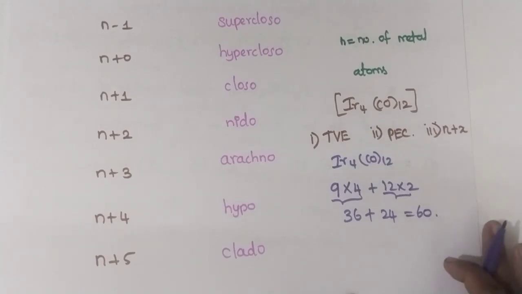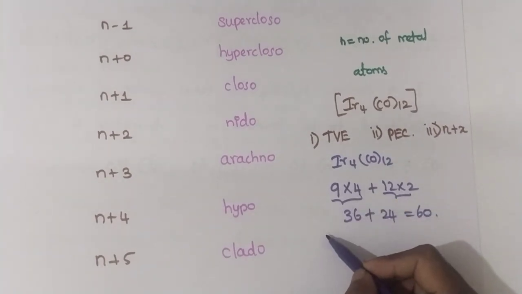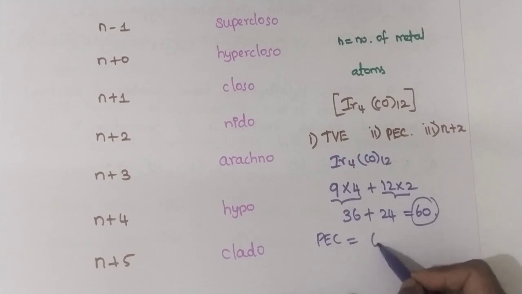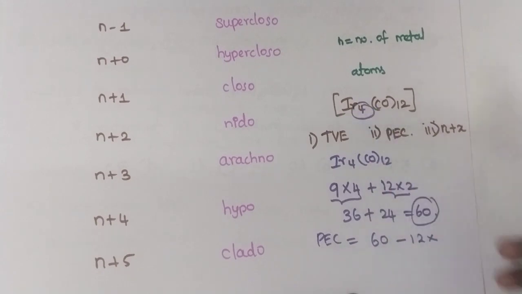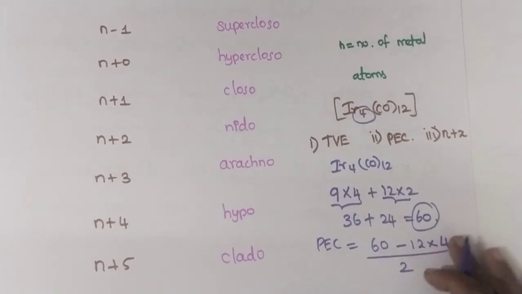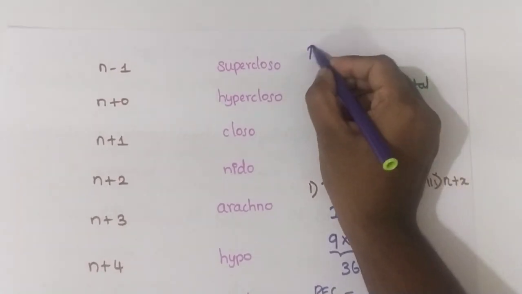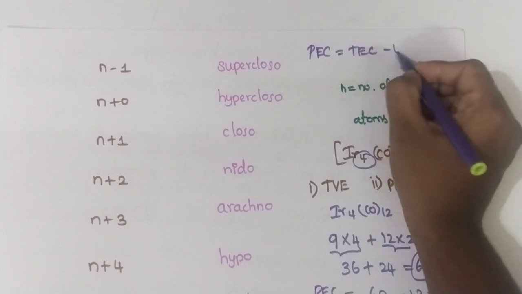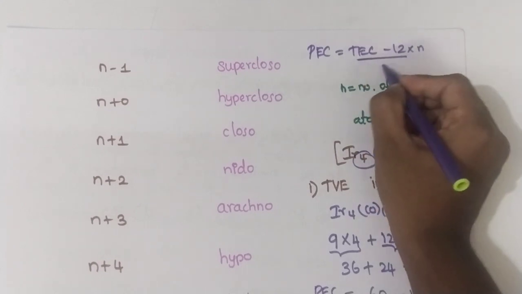So this step is easy, right? Then, in order to find out the polyhedral electron count, what you should do is take the total electron count minus 12 into the number of metal atoms present, divided by 2. So the formula is: polyhedral electron count equals total electron count minus 12 n, divided by 2.